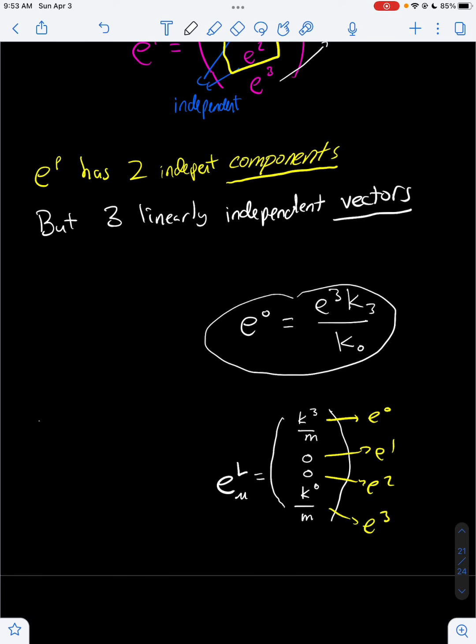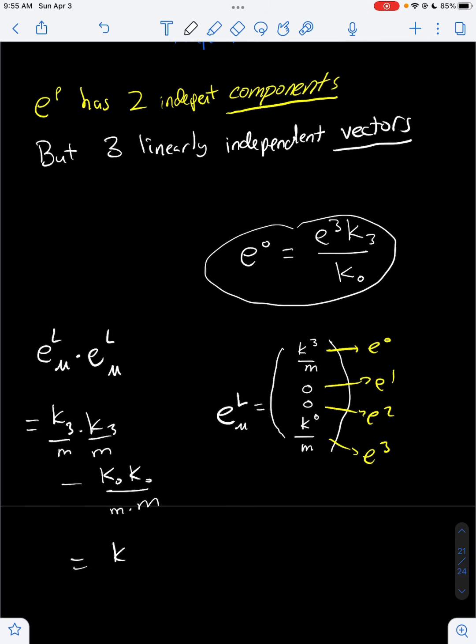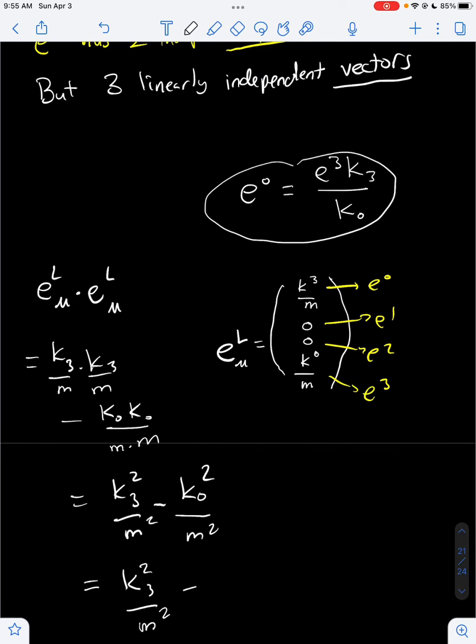So the dot product of EL with itself is going to be equal to k3 squared over m squared minus k naught squared over m squared. Remember that k naught is the square root of m squared plus k3 squared. This comes from E equals mc squared.